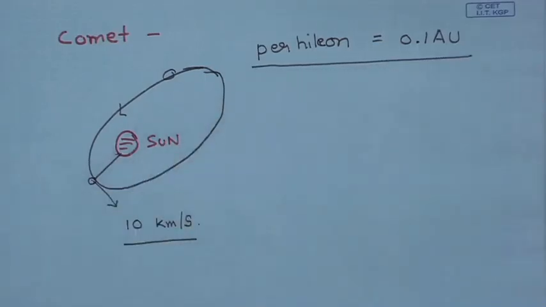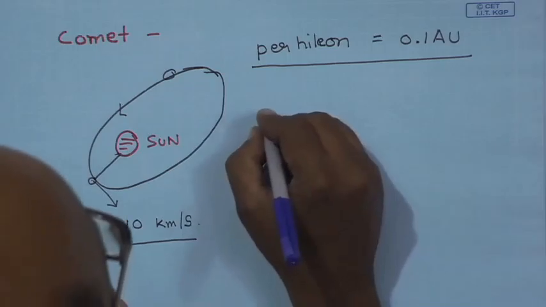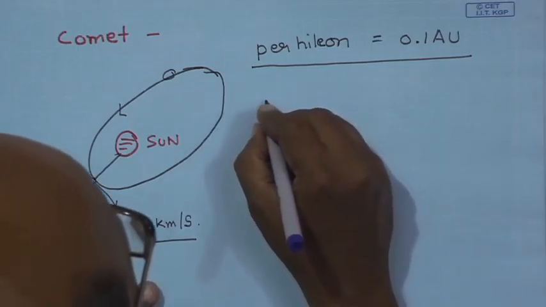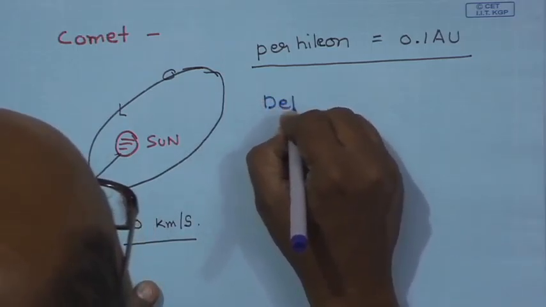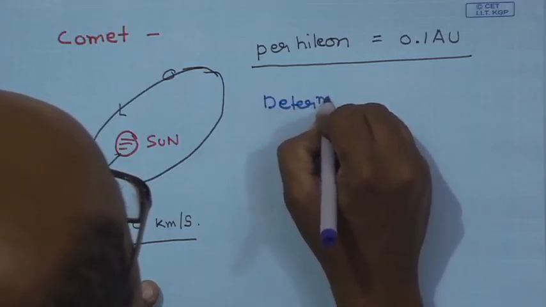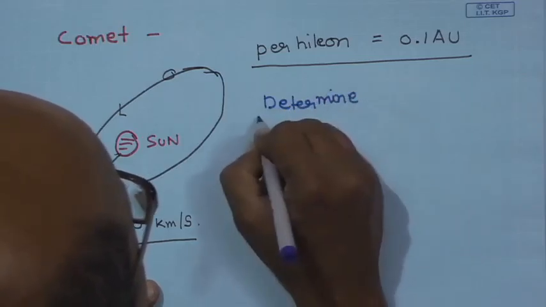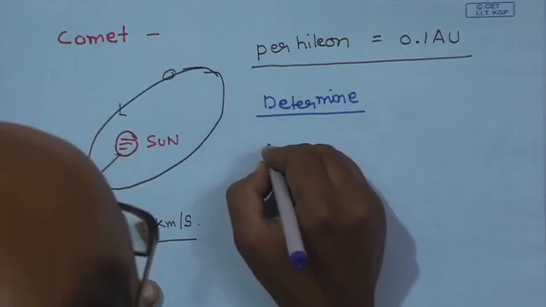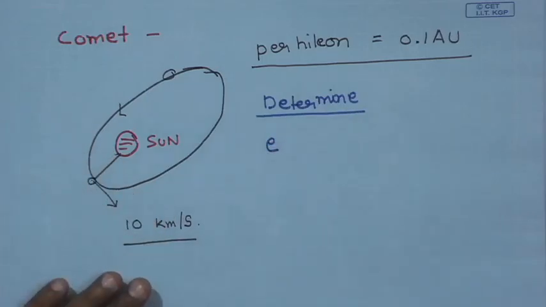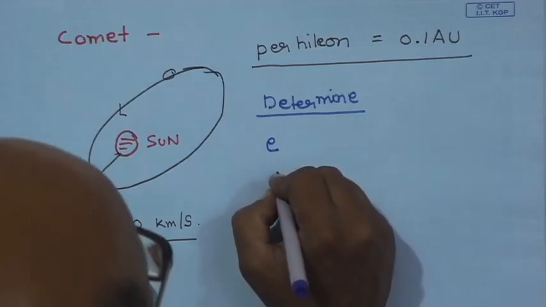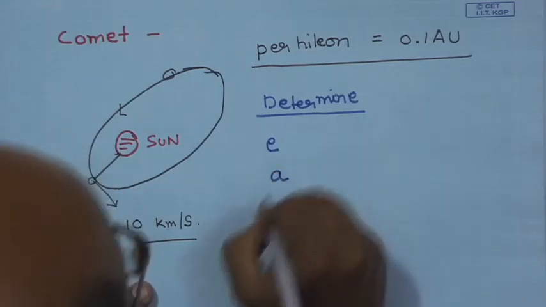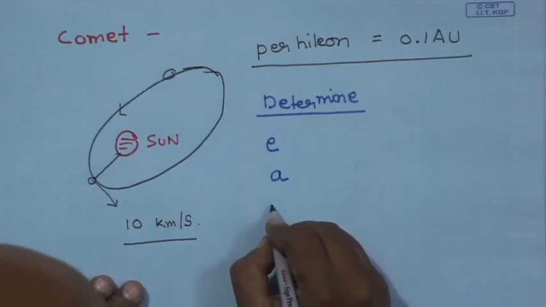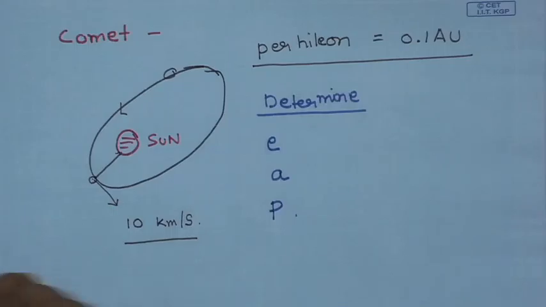The problem that you have to solve is to first determine the eccentricity, then determine the semi major axis, and finally determine the period of this comet from these two observations.